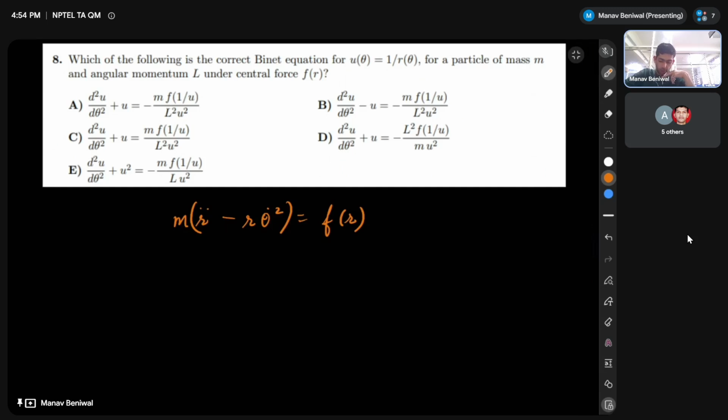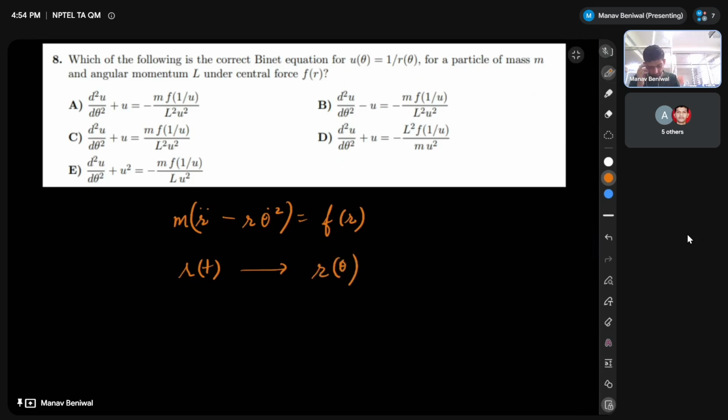But if we want to find out the shape of the orbit, if my orbit is circular, parabolic, like what is the shape of this orbit, then we don't need the time dependence. What we actually need is how my r is changing with theta. So from r of t, I want to go to r of theta.